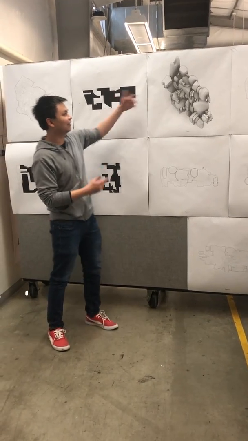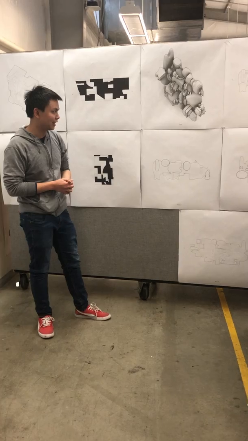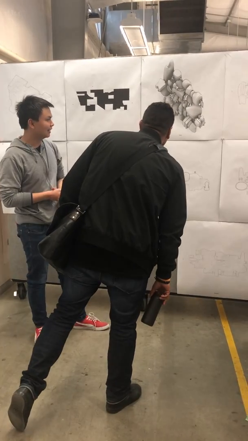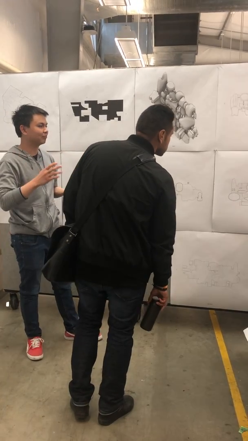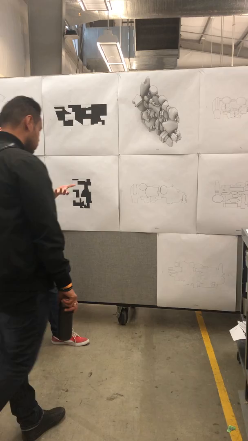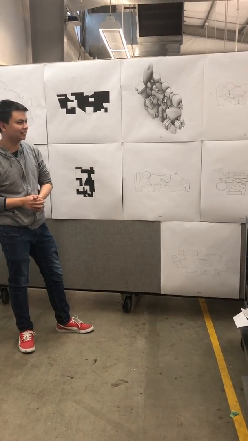In the previous one, I have this thing instead that connects all the pieces together, and I thought that would create more dynamic and have less of an axis because of the column.